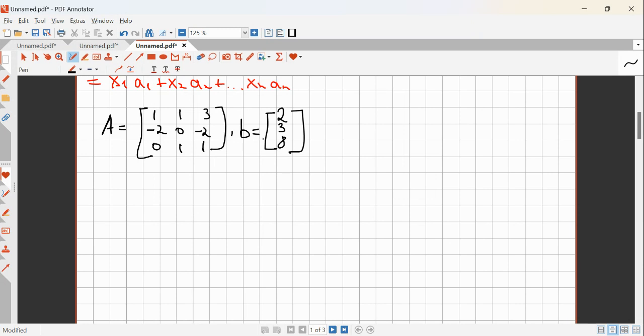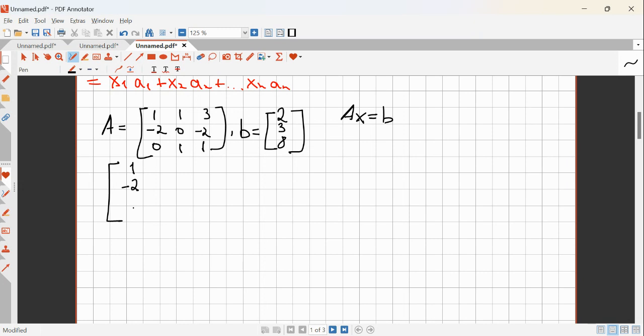If you don't know what to do here, just remember the equation Ax equals B. So we have everything. We have B. So what do we need here? We have to find x. So let's write our matrices in terms of this equation.